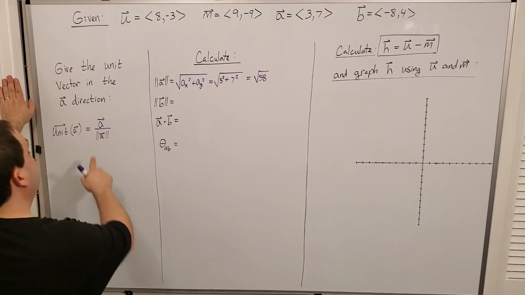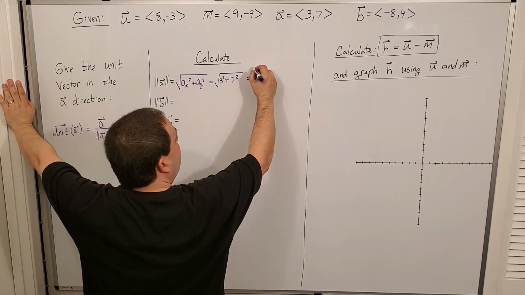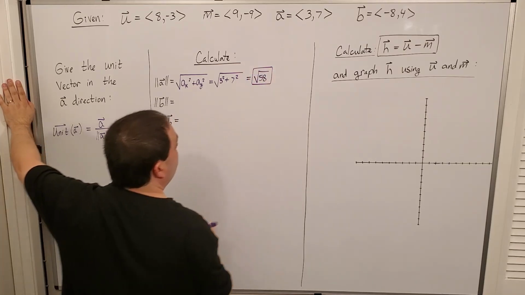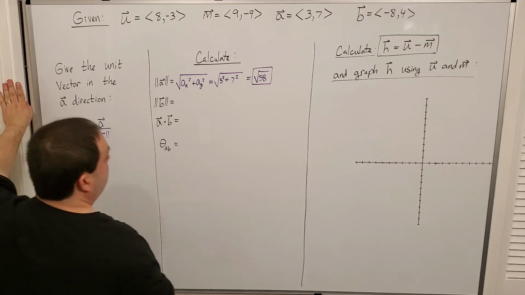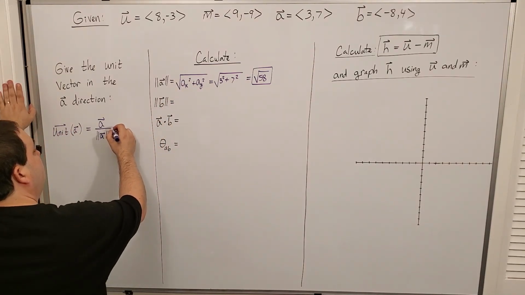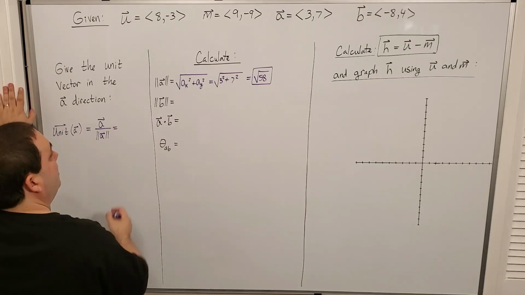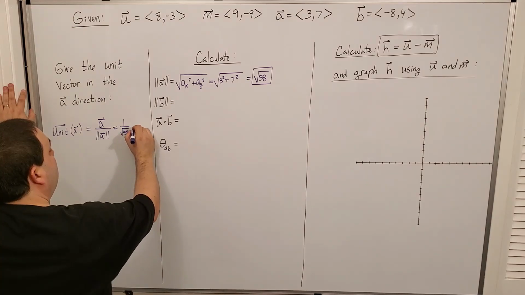Okay. So in this case, that's the answer for that one, by the way. We can leave it in that form, or you could get the decimal, but in this case, the square root of 58 is a better way to leave the answer. So I've got 1 over the square root of 58 times the A vector, right?